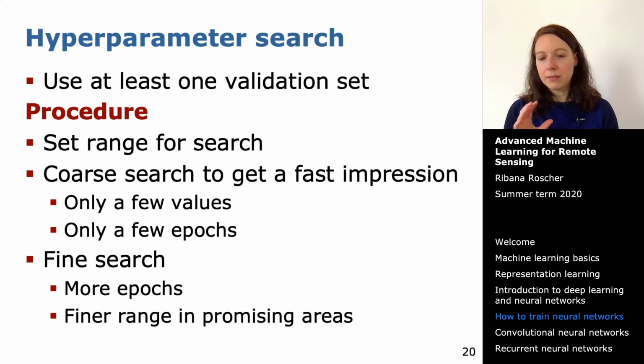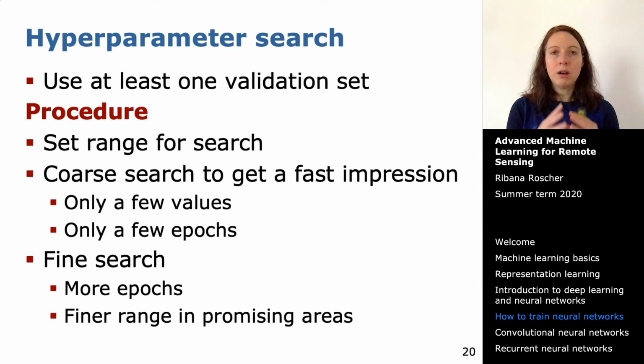And a nice procedure to search for hyperparameters: you first think of which hyperparameters you need to tune, and then you set a range for the search. So when you know how you normalize your data and you have some idea about a suitable range for your hyperparameter, for example the learning rate, you decide on this range.